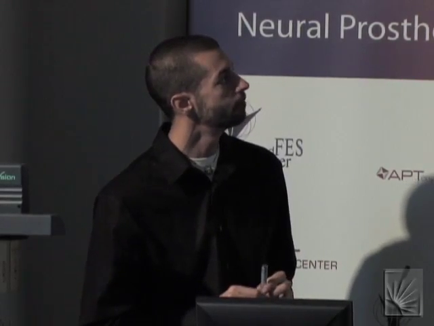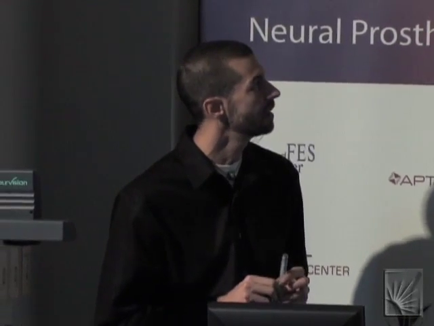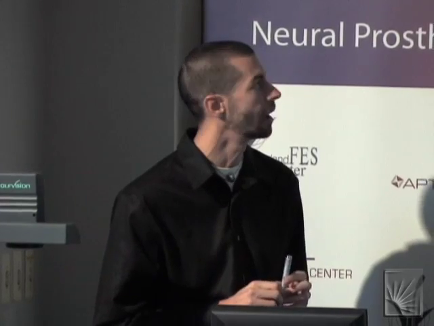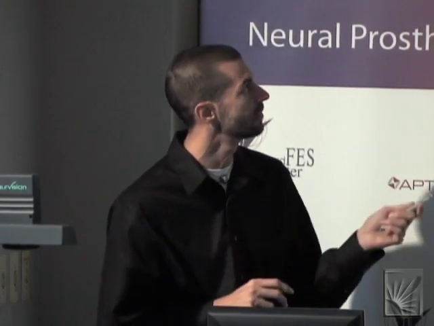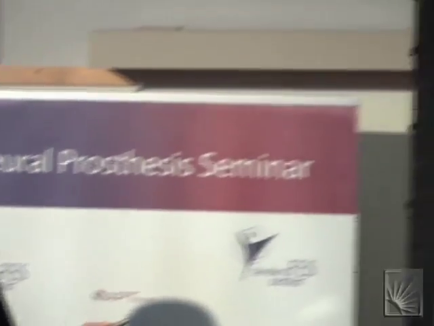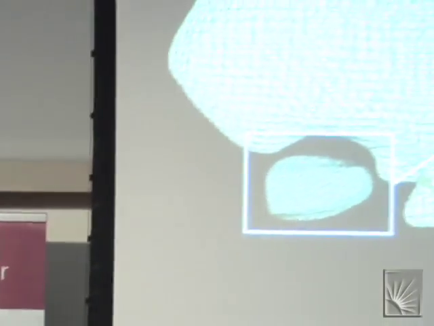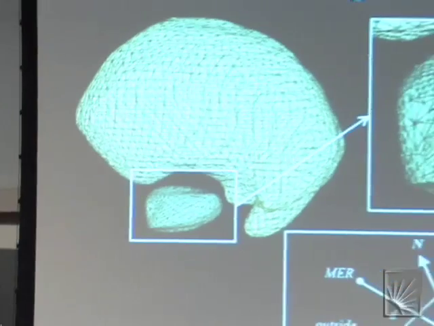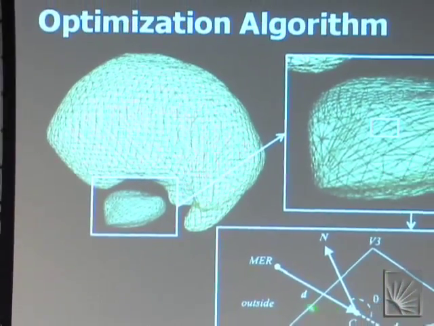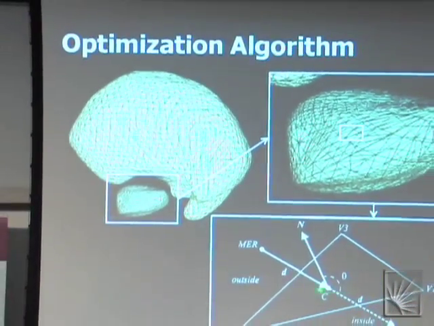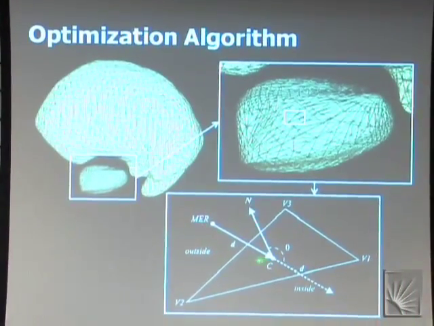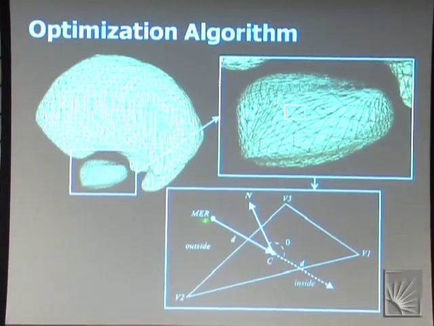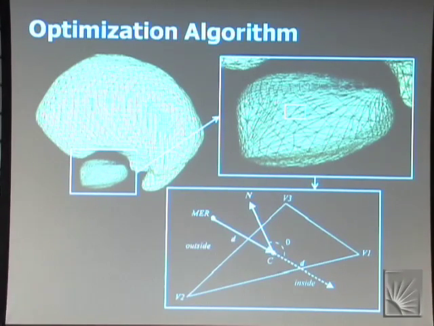Well, this is where Luis comes in, and he's an expert in optimization algorithms. We have these brain atlases, and they're actually broken up into a bunch of little tiny triangles. When you have a bunch of little tiny triangles, you can define the centroid of each of those triangles, and then you can calculate the distance from each of these respective microelectrode recording points to each of these little triangles.